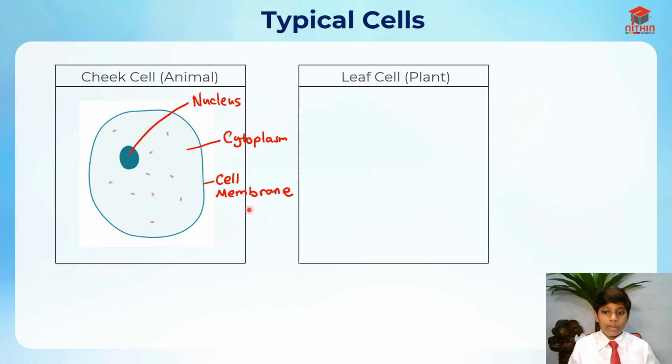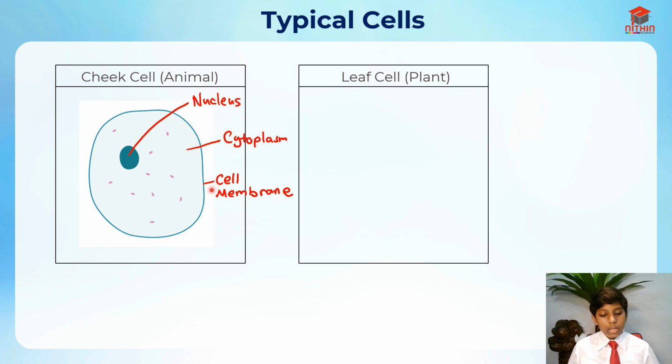Next, the cell membrane. The cell membrane is a thin membrane that surrounds the cytoplasm. You can see it for yourself. And the main function of the cell membrane, let me give you a hint: you can call the cell membrane a security guard. You can remember it as the security guard of the cell. What it does is basically what a security guard does.